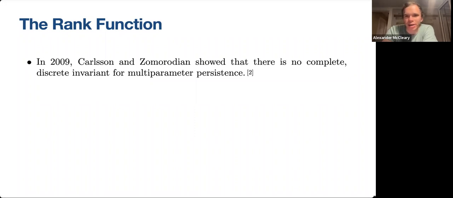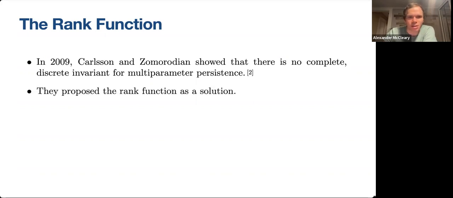In the one parameter setting, we have the persistence diagram, which is a complete and discrete invariant for persistence modules. They showed that there is no such thing. They didn't just say we couldn't find one, they said no such thing exists. And that's quite a shame because it would be very, very useful if there was a complete discrete invariant for multi-parameter persistence.